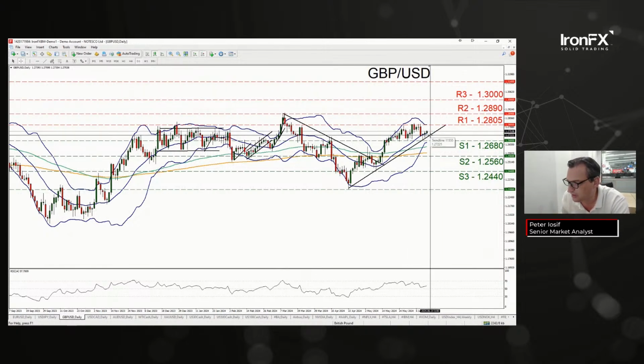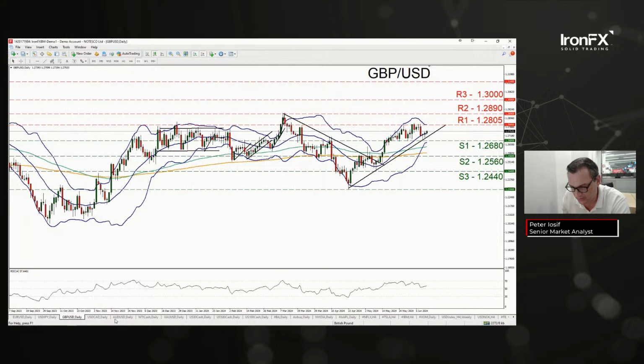However, for a bearish outlook, I would also require the pair to breach the S1, 1.2680, a level which provided support once, 2, 3 times here, and start aiming, if not even breaching, the 1.2560. It would be a huge drop, I recognize that, but the Fed's interest rate decision is an event which could actually produce such volatility.